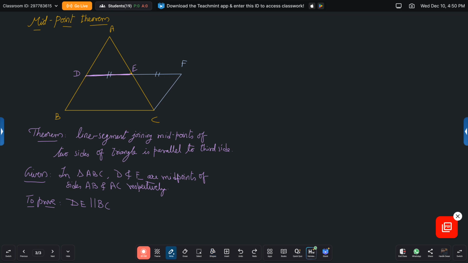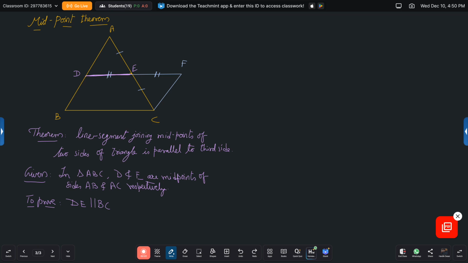Now when you join C to F, you get two triangles, triangle ADE and triangle CEF, right? Now you can see that E is the midpoint of AC, so AE is equal to EC. You have constructed that DE is equal to EF.